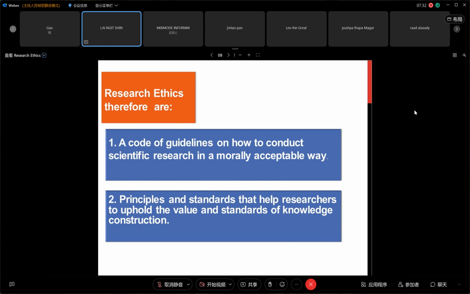Therefore, I think research ethics is a code of guidelines on how to conduct research in a morally acceptable way, with principles and standards that help researchers uphold the value and standard of knowledge.